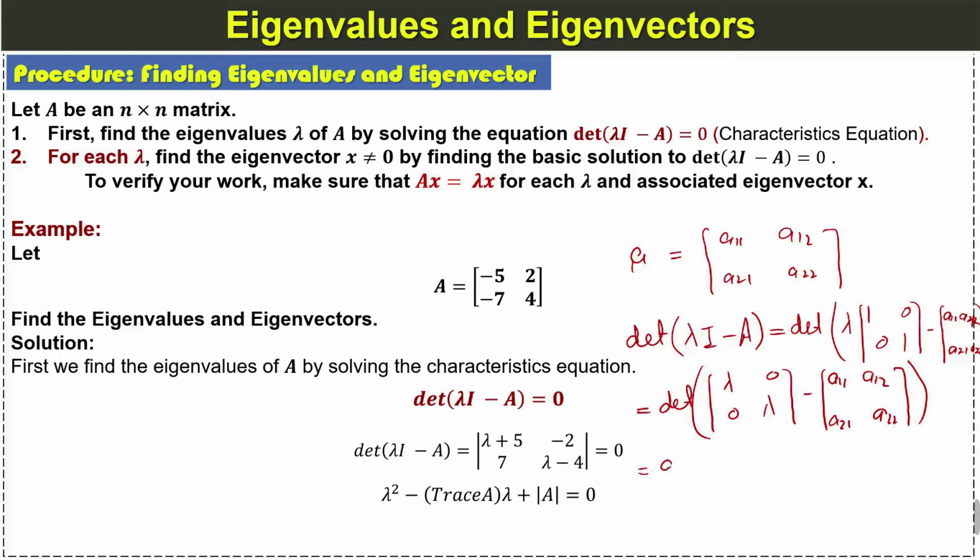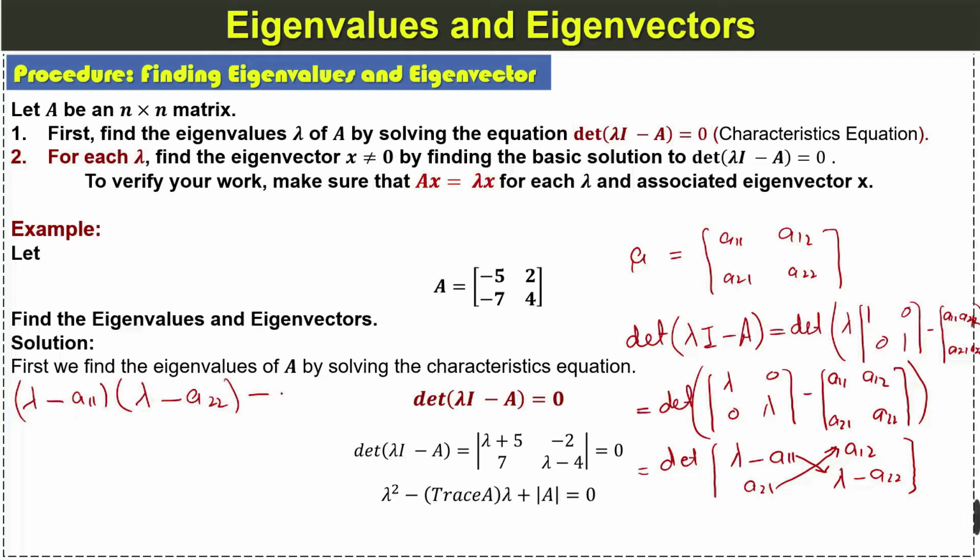This will be equal to the determinant of lambda minus A11, minus A12, minus A21, and lambda minus A22. We multiply this with this, so we can write it as lambda minus A11 times lambda minus A22 minus A12 times A21.